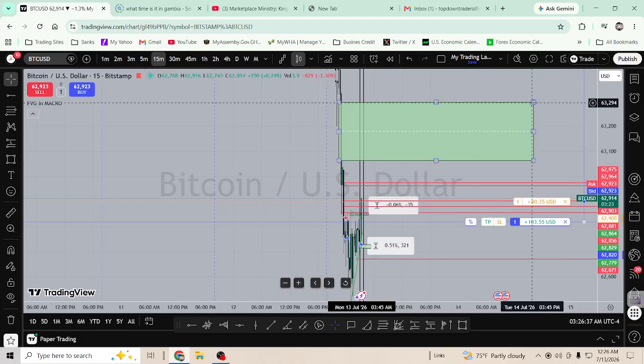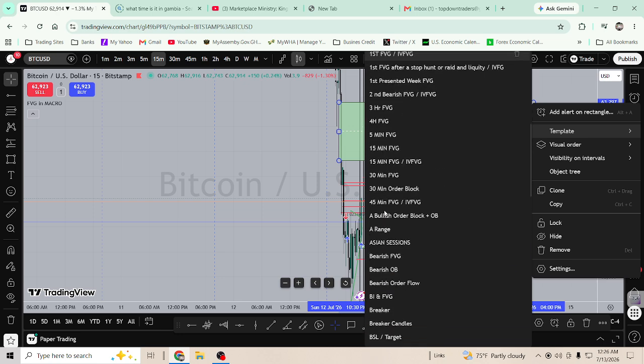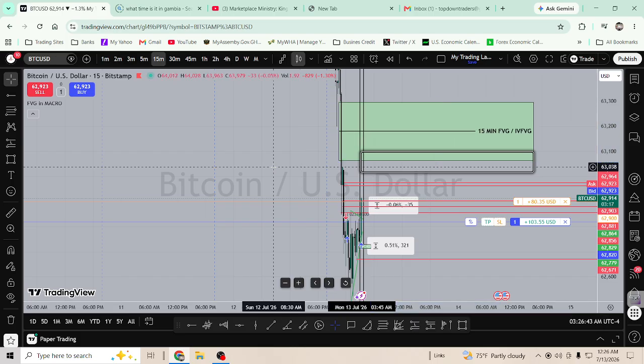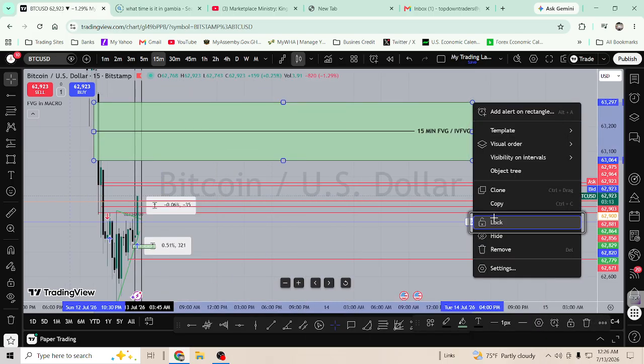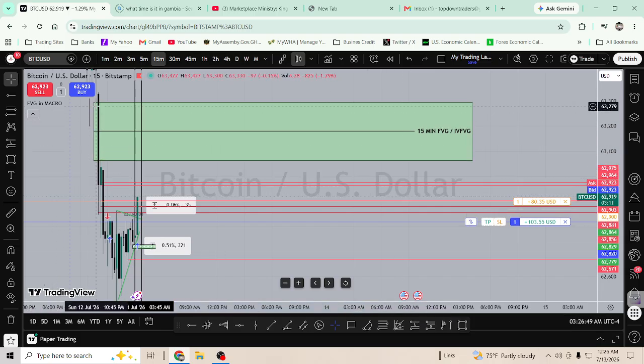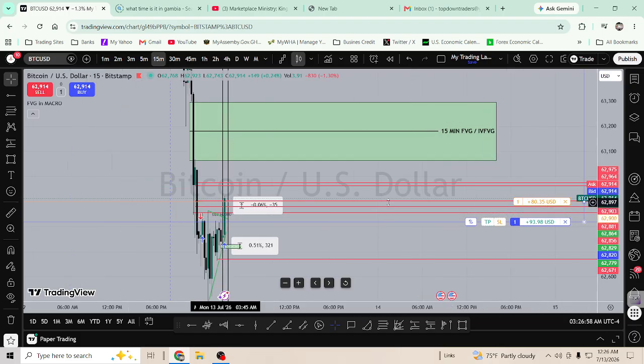Yeah, this is the 15-minute fair value gap. So price might move up to here and retouch this area. May even go to the middle of that area, the 50%.